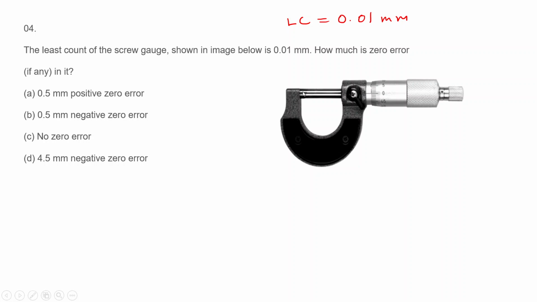Here, when these two jaws are completely touching each other, we can see that the main linear scale mark and the zero on the circular scale are completely coinciding. Since they are completely coinciding, that means there is no zero error. So we do not need to consider this. We can say there is no zero error.